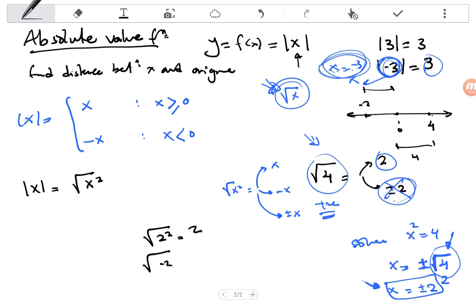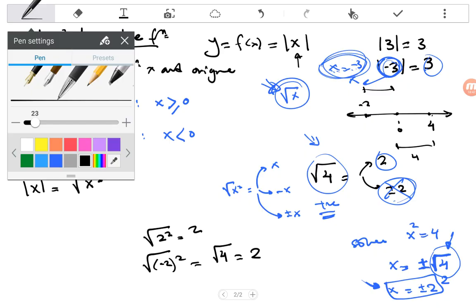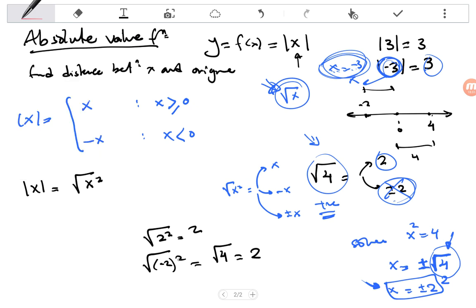What if I give you square root of (-2)²? That is square root of 4, and that will be 2. So could I say that the result of absolute -2² is -2? Remember that this is x. So can I say that the output will be x?